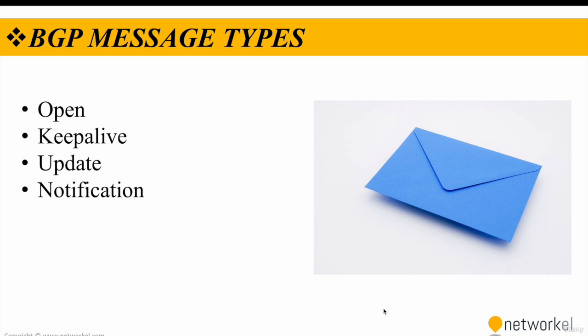Keep Alive maintains the BGP session by confirming that the connection is still active. Okay, it is sent periodically to ensure that the BGP session remains open and to detect session failures.